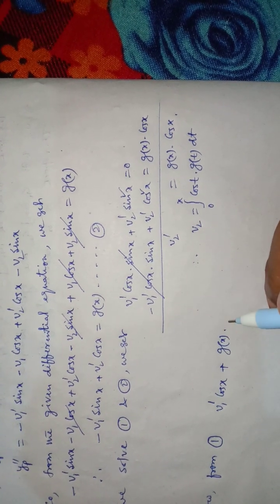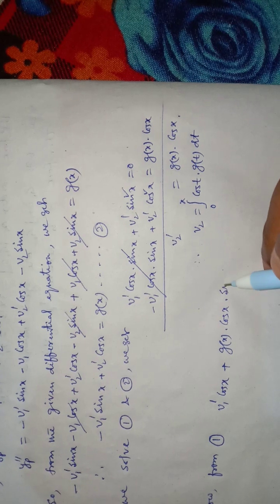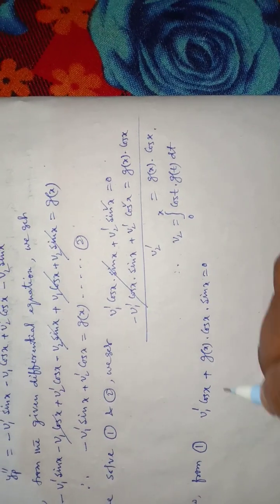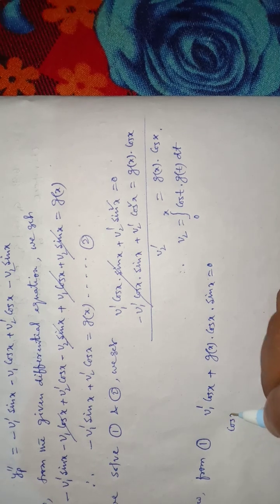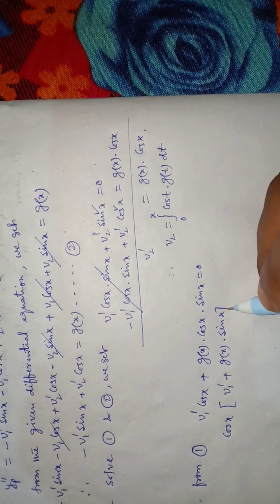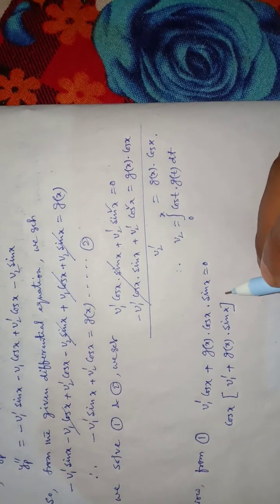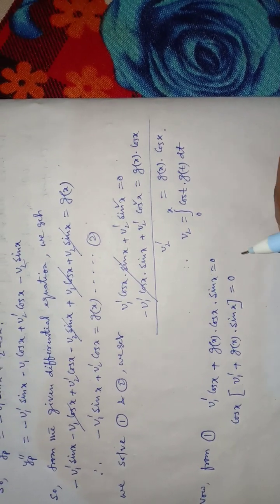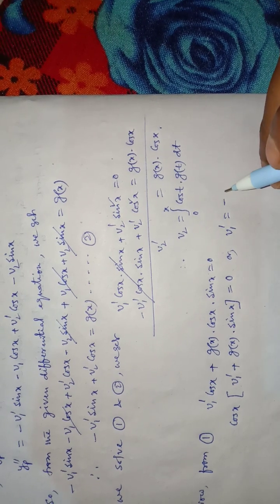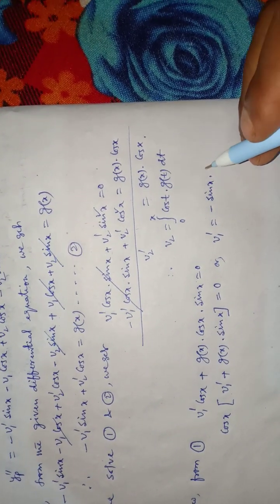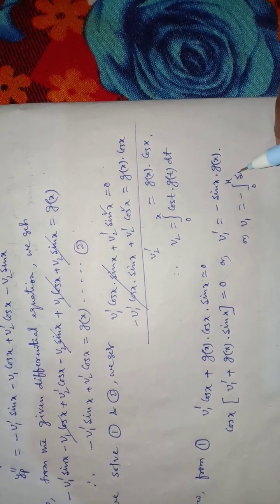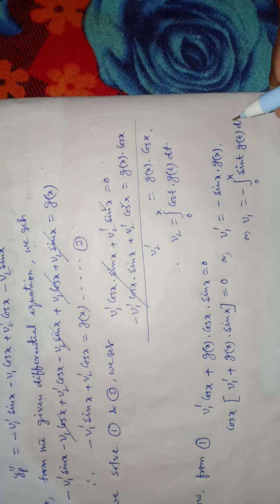So we take cos x as common, cos x into v1 dash plus g of x into sin x is equal to 0, or v1 dash is equal to minus sin x into g of x, or v1 is equal to minus integration 0 to x sin t g of t dt.